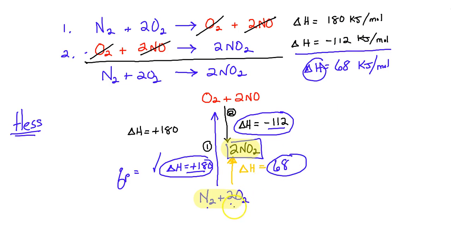So clearly I was after N2 plus 2O2 to make 2NO2. And it is 68 kilojoules, and I got this value not by doing any calorimetry, but by using values already established by other reactions that are connected to this one, using a totally different pathway.